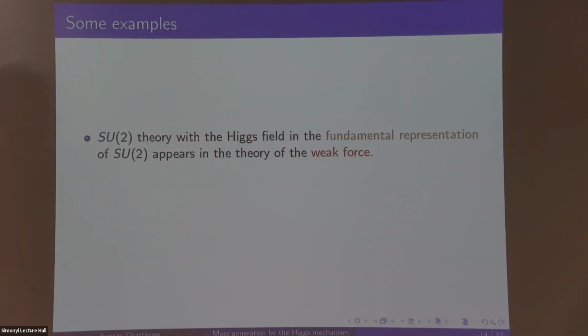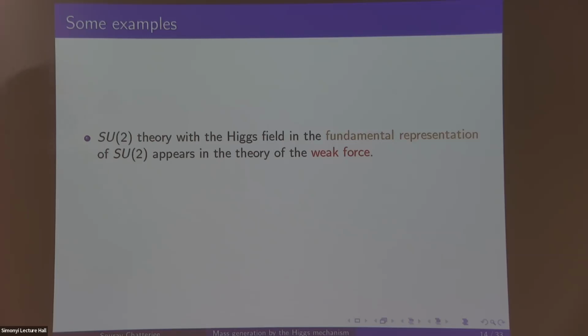So some examples. In SU2 theory, if your gauge group is SU2 and you take sigma to be the fundamental representation, rho I'll always take to be the fundamental representation. Fundamental representation in physics terms just means a standard representation: SU2 itself acting on C2. This appears in the theory of the weak force.